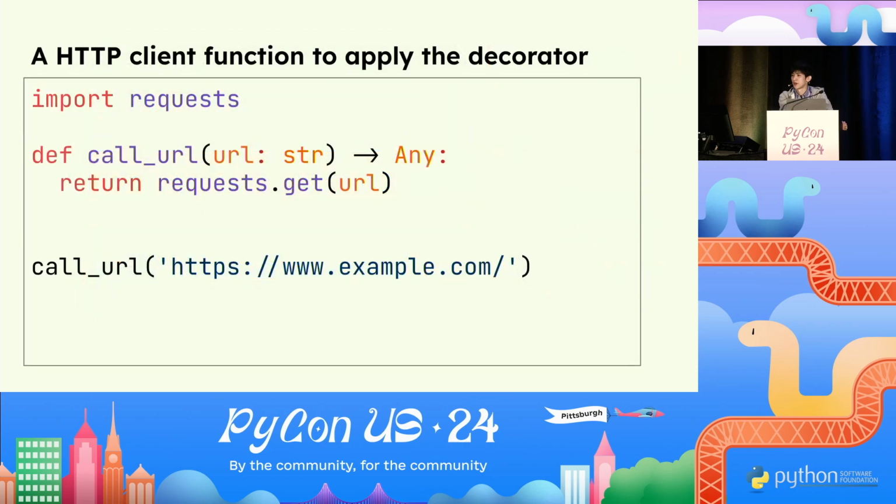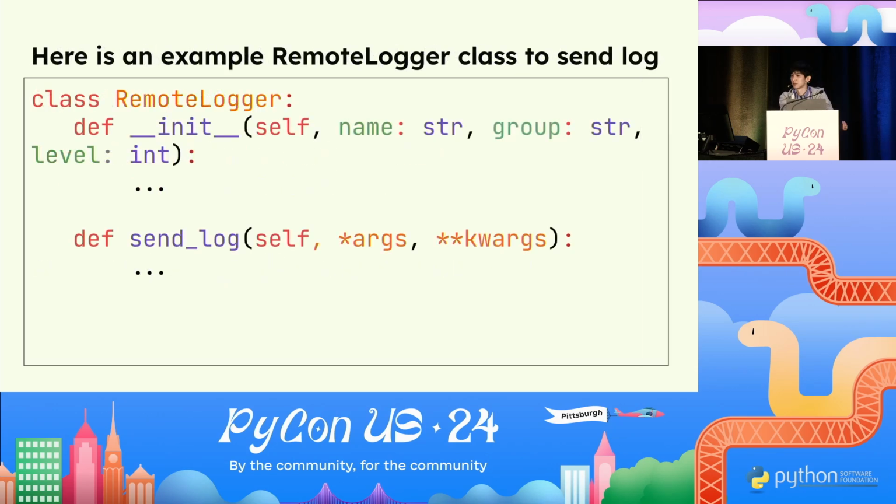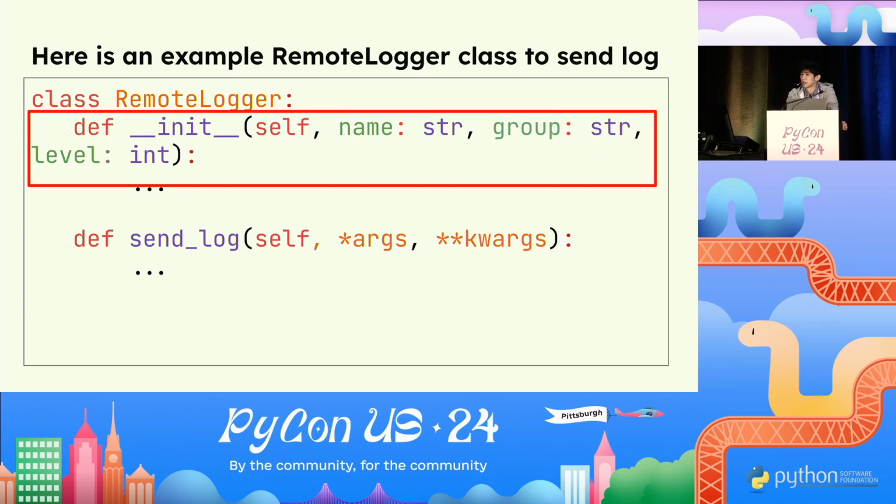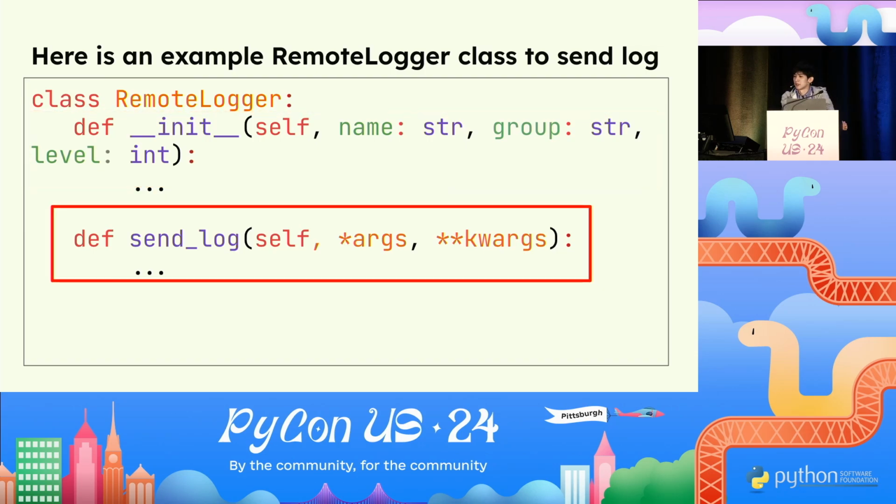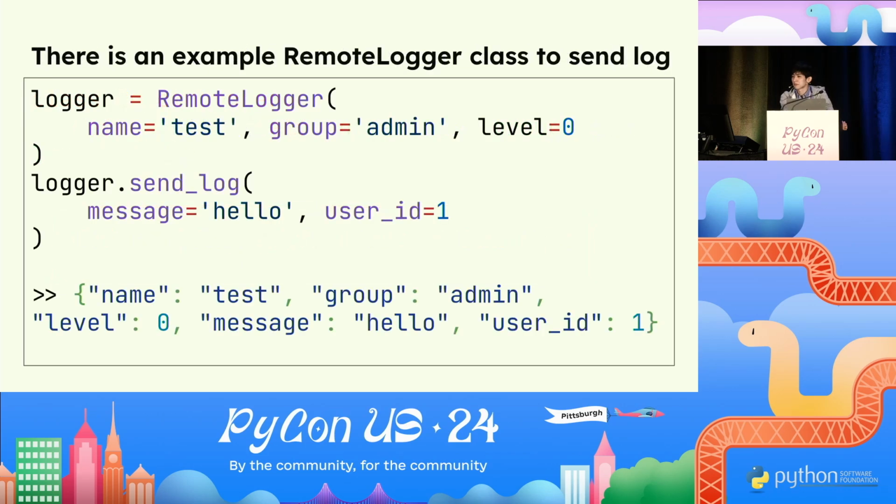This is a very simple function. It imports requests, calls the get method, and returns the response. And this is the remote logger class. The constructor has the logger name, logger group, and log level. After that, we can use the send log method.